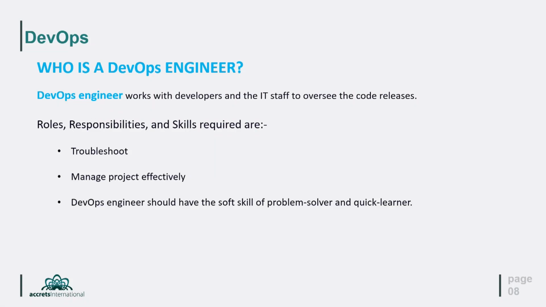Some of the roles and responsibilities expected from them are that they should be able to perform system troubleshooting and problem solving across the platforms. They should manage projects effectively. They should increase the project visibility. They should also provide good quality and reduce development costs with collaboration.